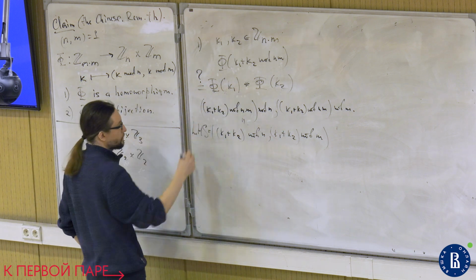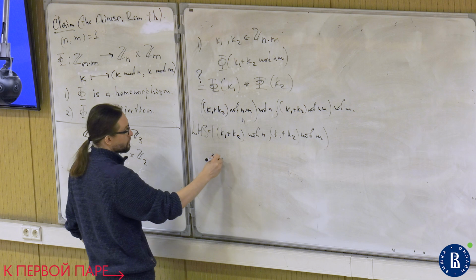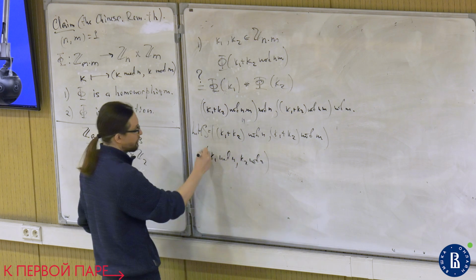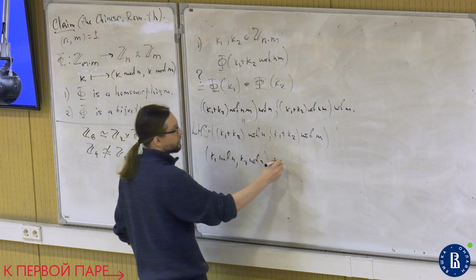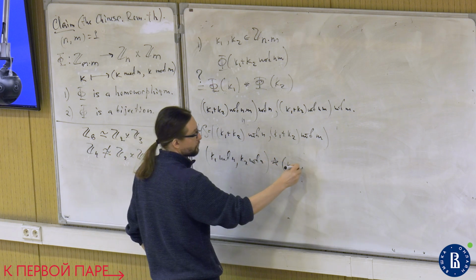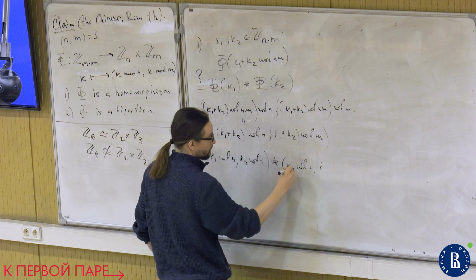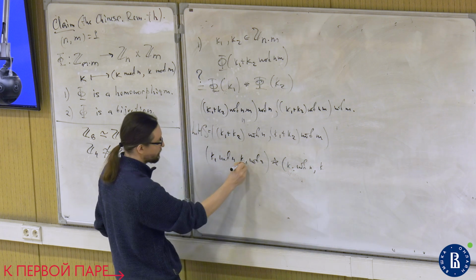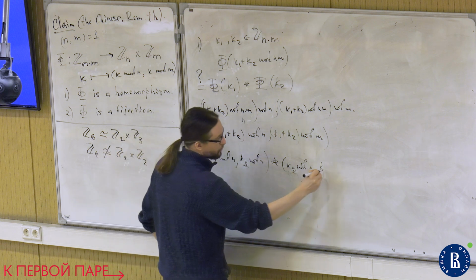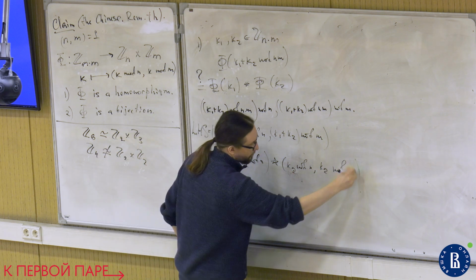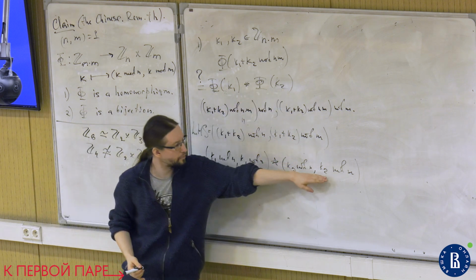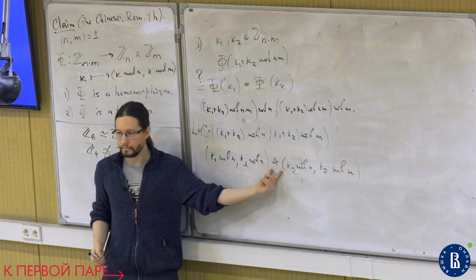Now, let's compute the right-hand side. So this thing is (k1 modulo n, k1 modulo m) and (k2 modulo n, k2 modulo m). Here it is. So this one goes to here, and this one goes to here, and then we want to apply the operation.